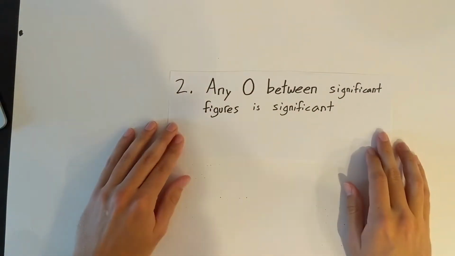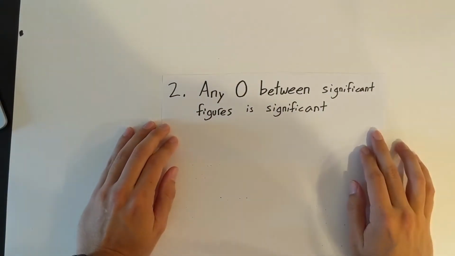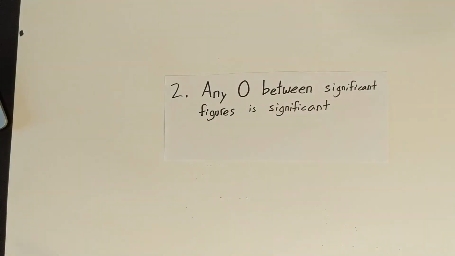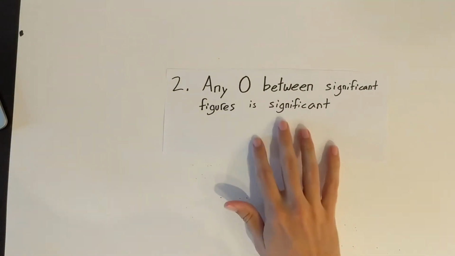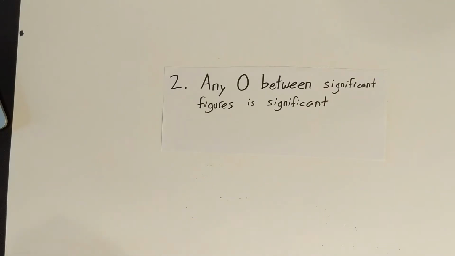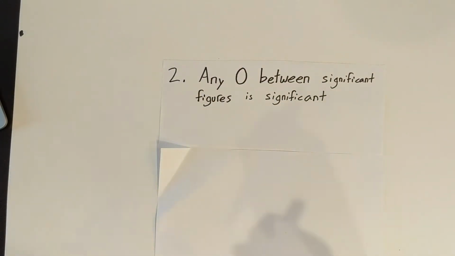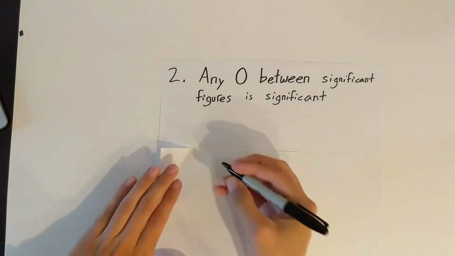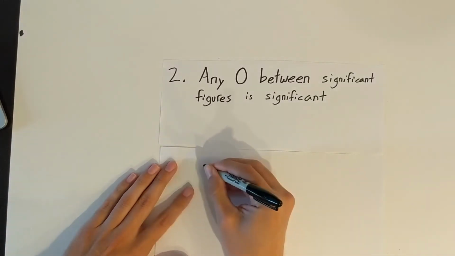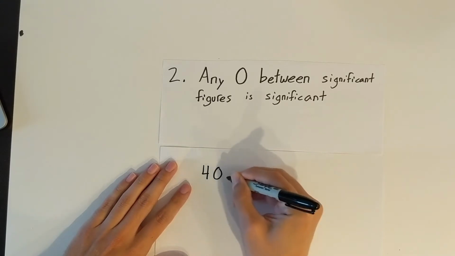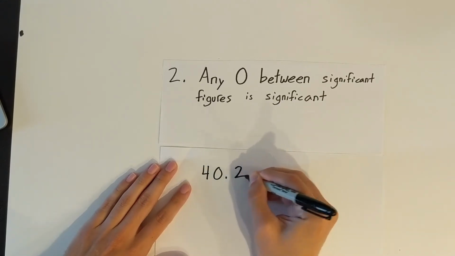Rule number 2, I like to call this one the sandwich rule. Any 0 that is between significant figures is also considered significant. So if we want to go over some examples for this one, when we measured our graduated cylinder, I believe we said it was about 40.2.